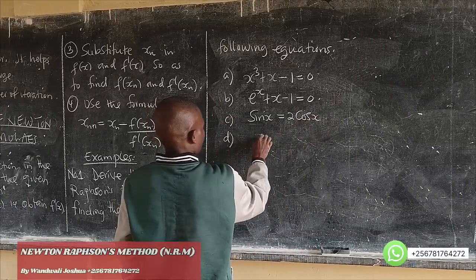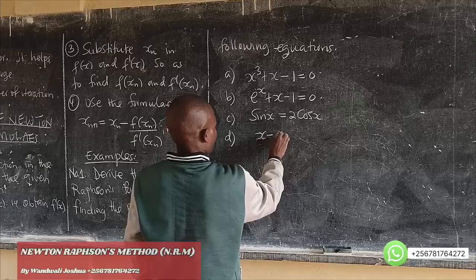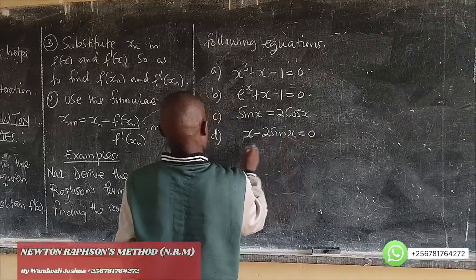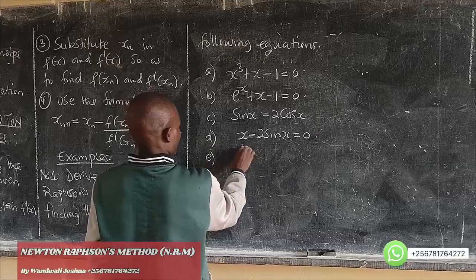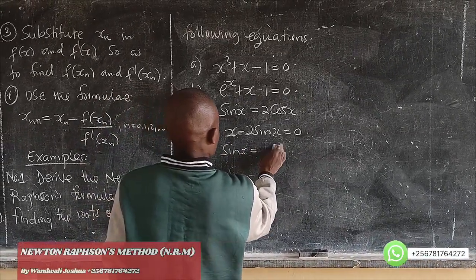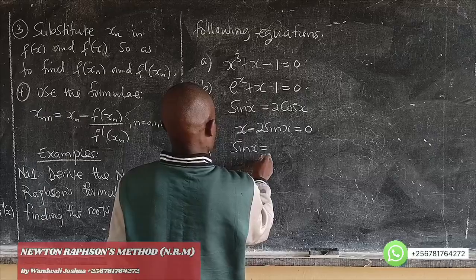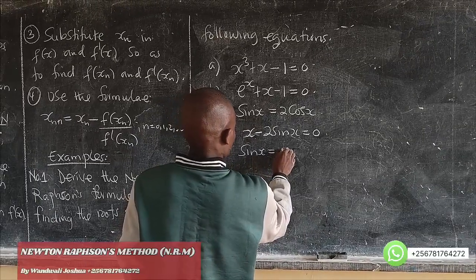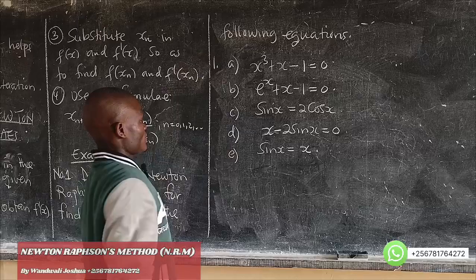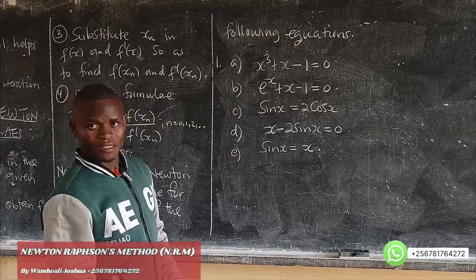Part D, x minus 2 sine of x equals 0. Part E, sine of x is equal to x. This is example number 1, A, B, C, D.